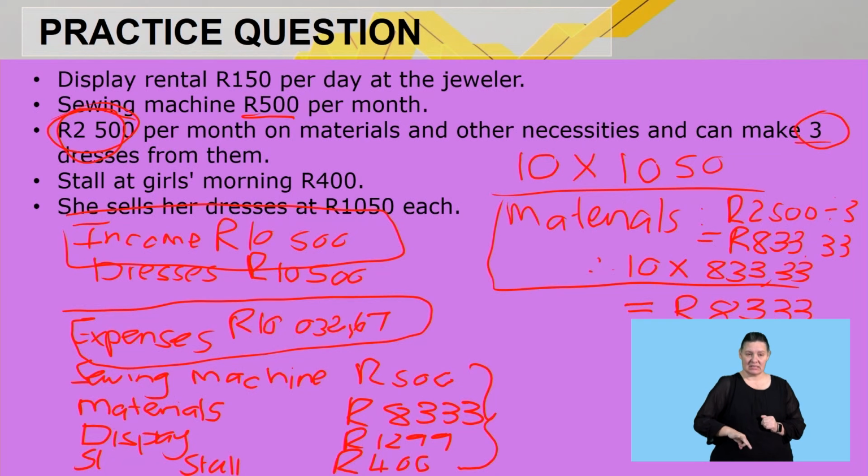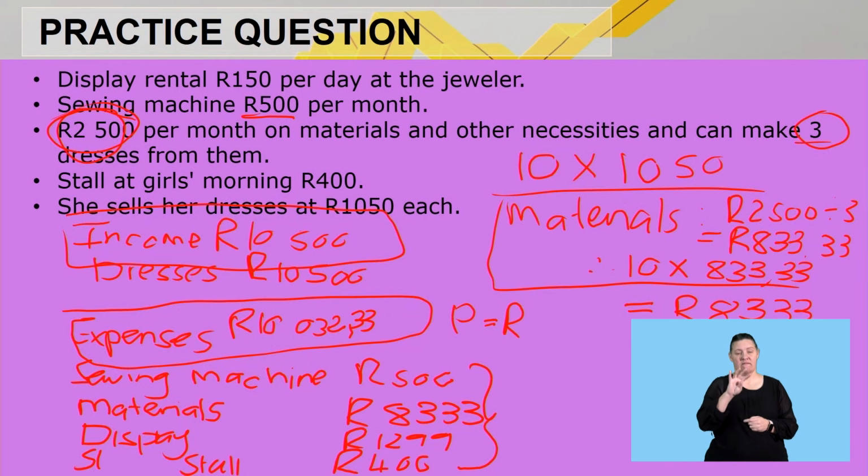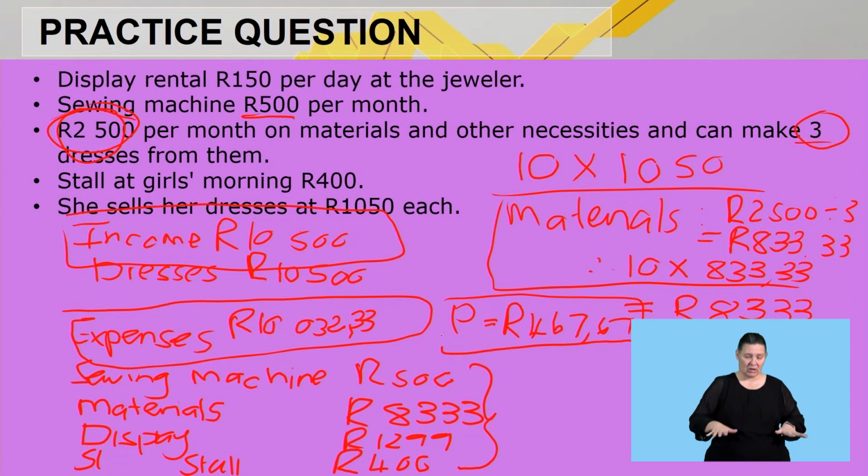So her profit is then going to be the income minus expenses, and that gives her a profit of 467 Rand 67.